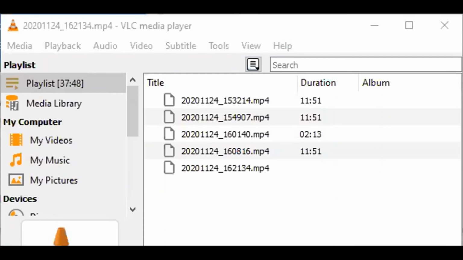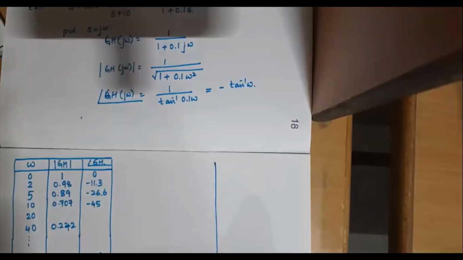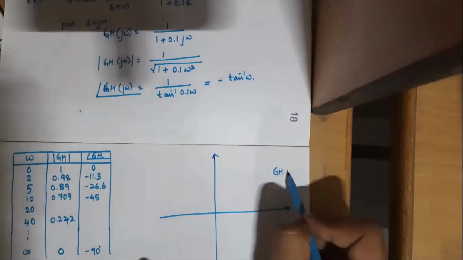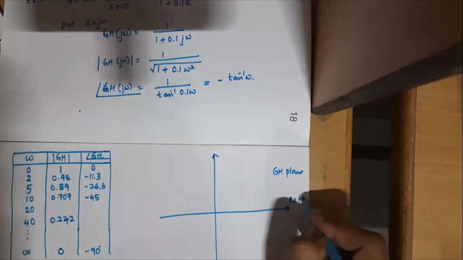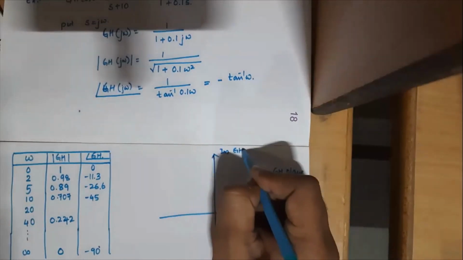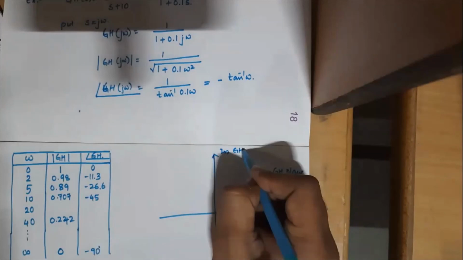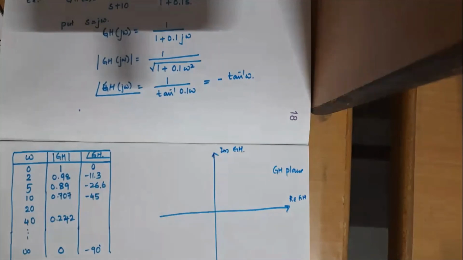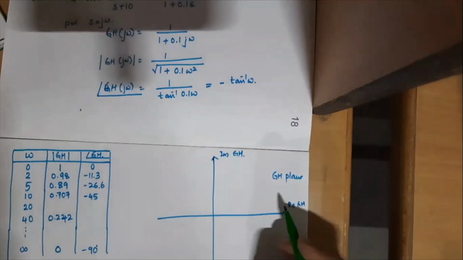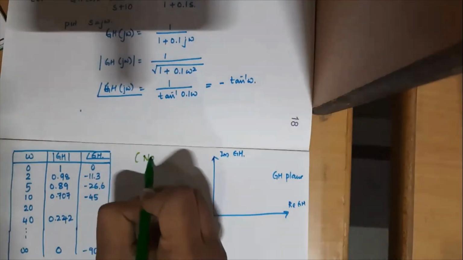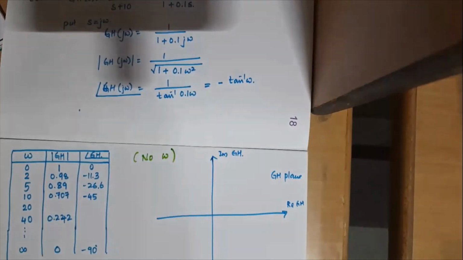So what I will do is plot this on polar coordinates. This is called the GH plane. It is not the S plane now, because I am plotting the values of the loop transfer function GH. So I will name it as real axis of GH and imaginary axis of GH. No omega is represented in the graph.